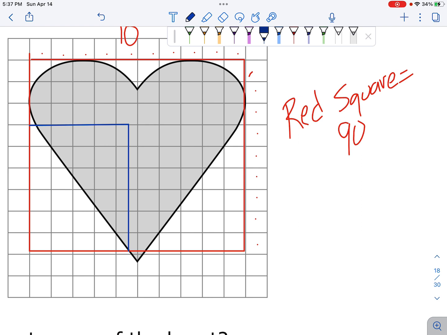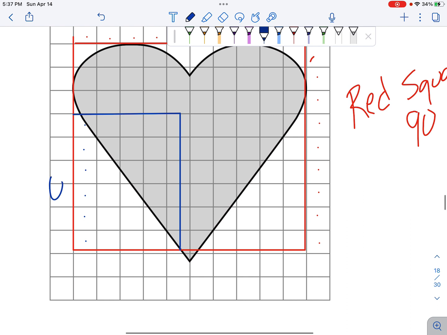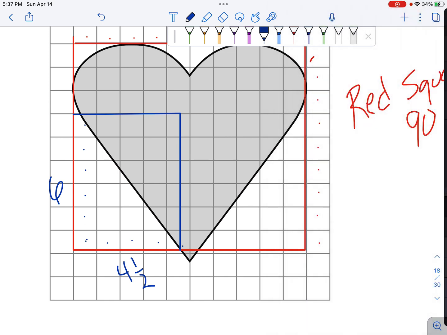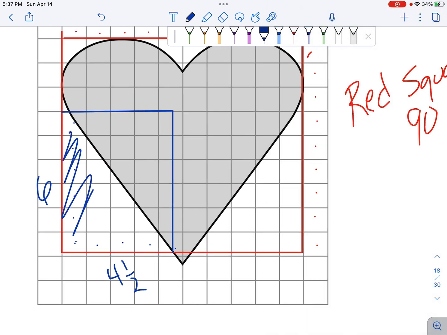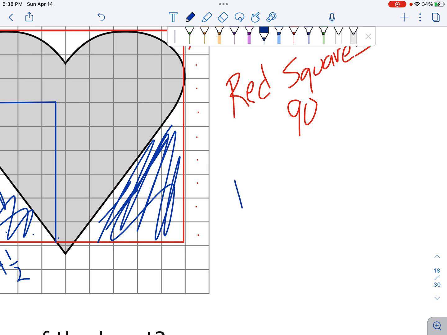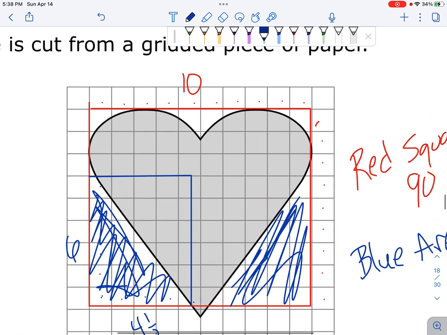This one is 1, 2, 3, 4, 5, 6. It is 6. And it is 1, 2, 3, 4 and a half. Now we need 6 times 4 and a half. 6 times 4 and a half is 27. So this part right here and this part right here are about 27, not exactly. So the blue area is 27.